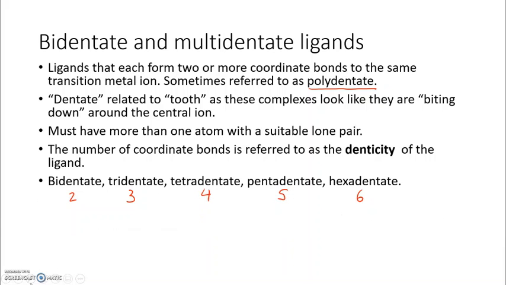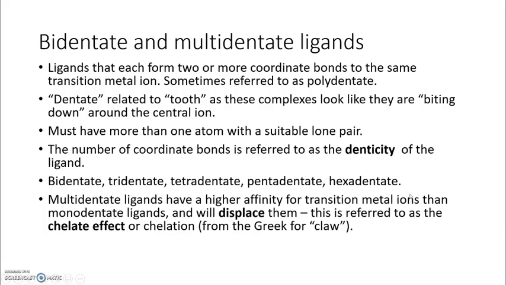Let's just get rid of those. Okay. The last thing to say about multidentate ligands is because they bond multiple times to the same ion, they have a higher affinity for bonding to transition metal ions to form complexes than monodentate ligands will.